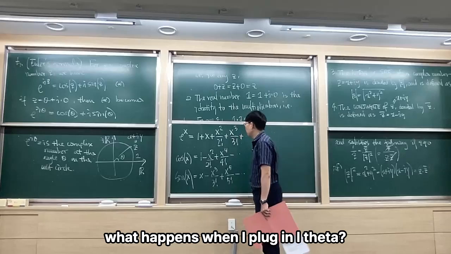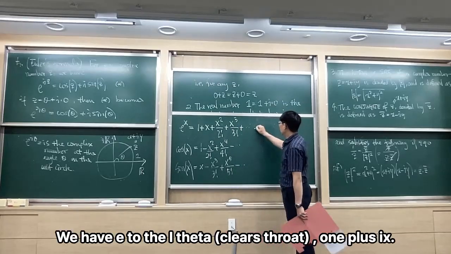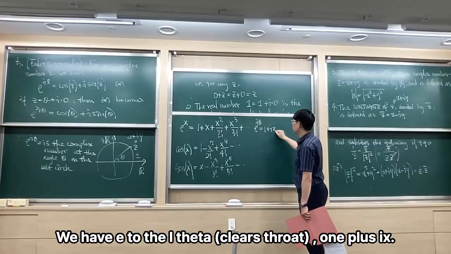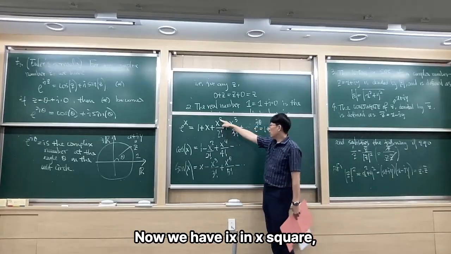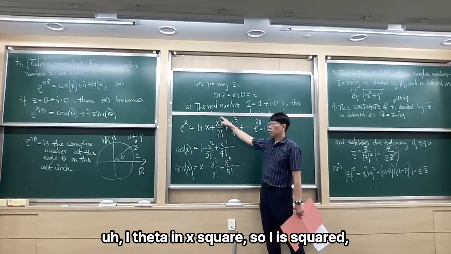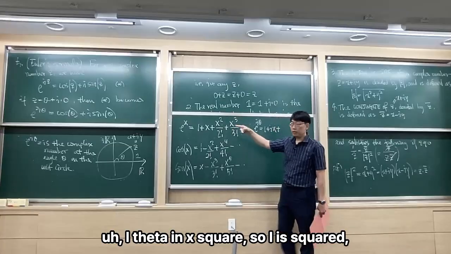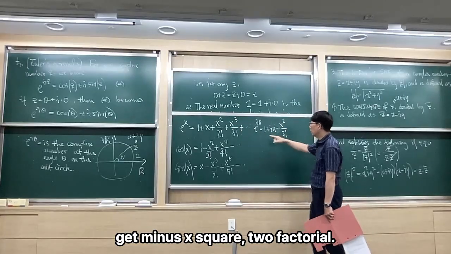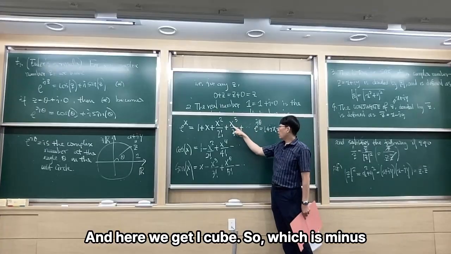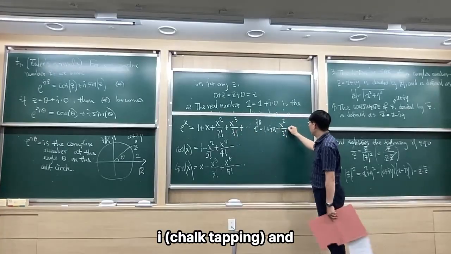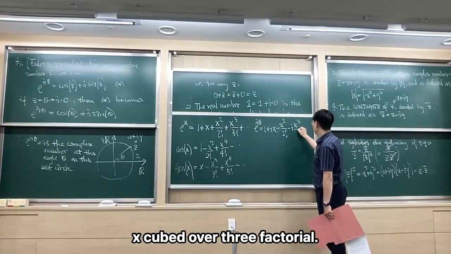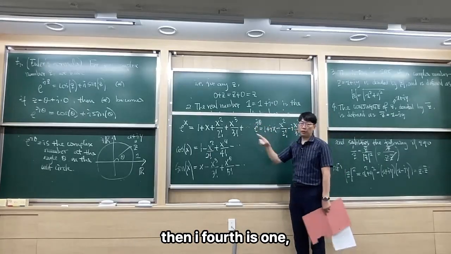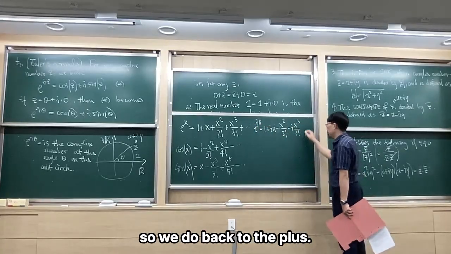What happens when I plug in i theta? We have e to the i theta equals 1 plus i theta. Now we have i theta squared, so i squared gives you minus theta squared over 2 factorial. And here we get i cubed, which is minus i, times theta cubed over 3 factorial. And when it gets to the fourth, i to the fourth is 1, so you go back to the plus.